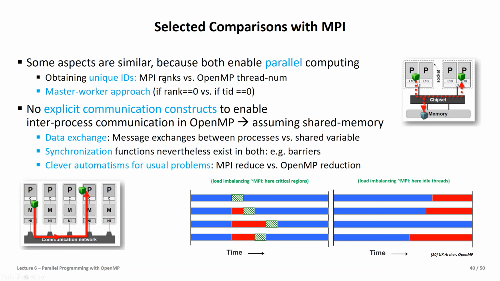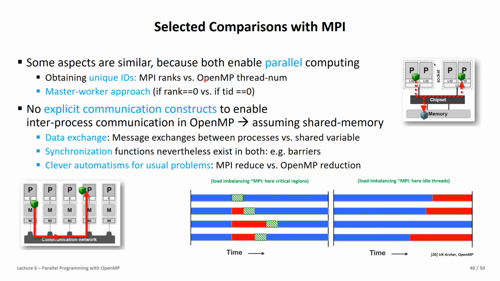Now you have understood that MPI ranks are very similar to OpenMP threads, but of course are different. MPI ranks are full-blown processes, while OpenMP threads are lightweight. We have rank 0 statements that we can use here for if statements, as I would do it with a thread ID equals 0.